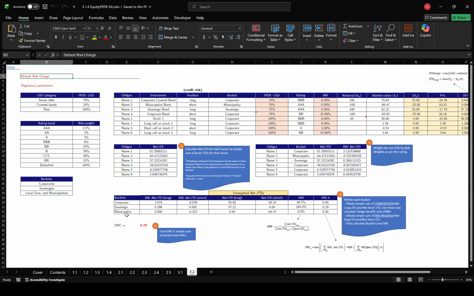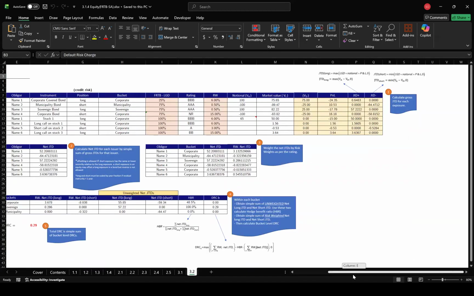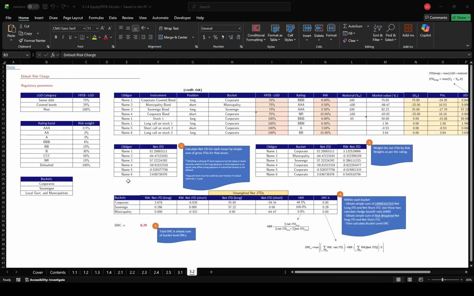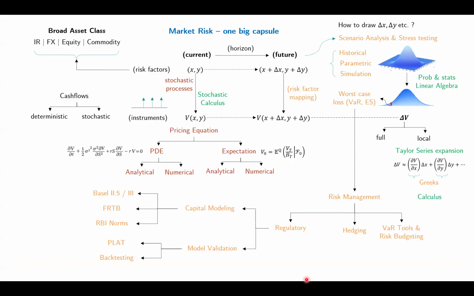Okay, so for every regulatory capital calculation, we have taken some simple case studies with a sample portfolio of a few different types of instruments, and then done the end-to-end exercise in Excel. I think this is the best way to learn all the inner workings of a particular capital standard. So this is one. Let me open another one.